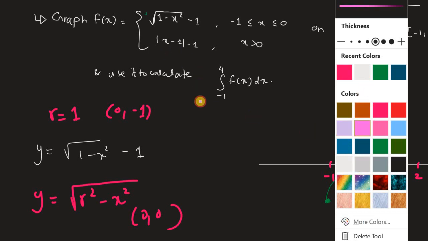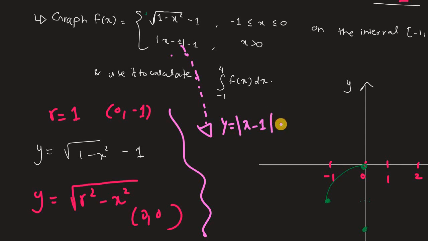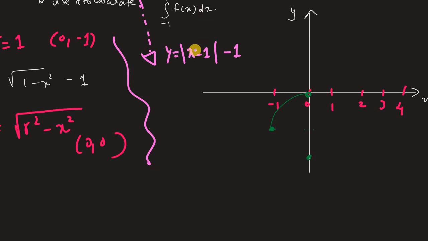Pink. Okay, so for this function, you can write it as y equals to the absolute value of x minus 1, minus 1, right? And here you need to know the absolute value function is in the form of a V. So it always forms a V shape, and you simply need to know the vertex.